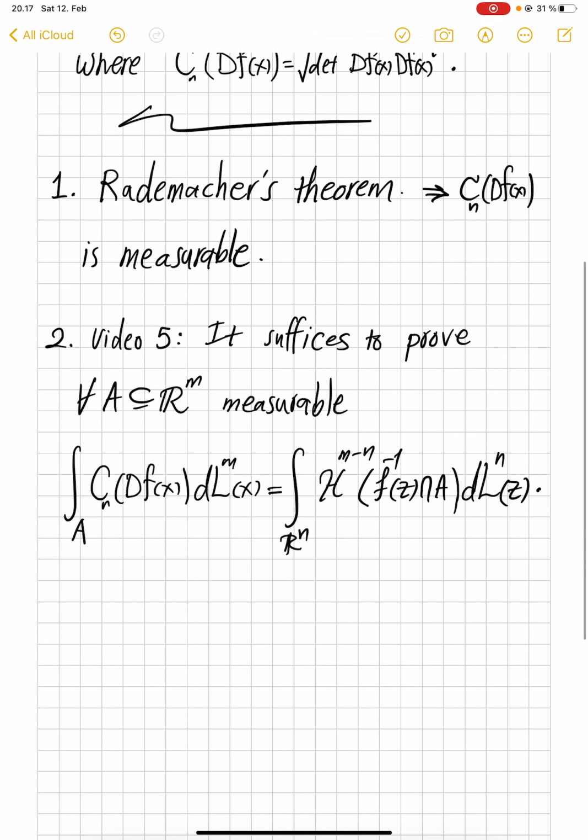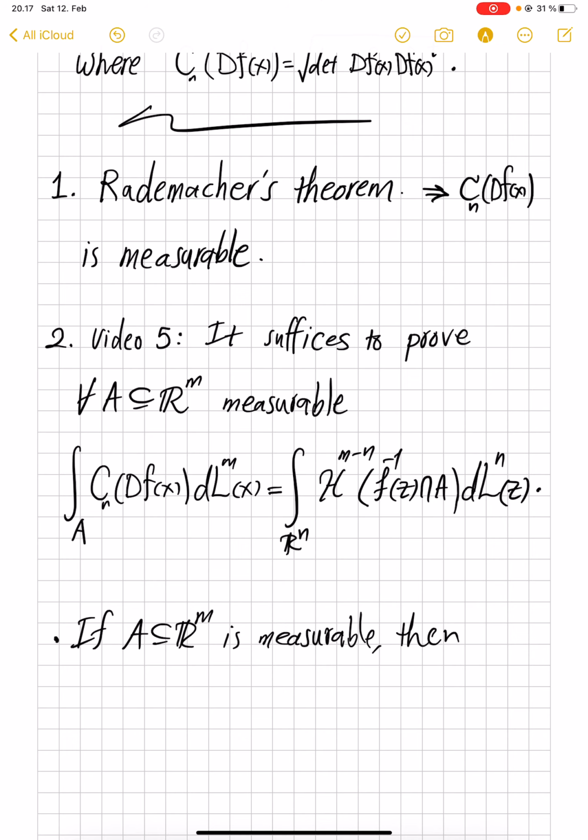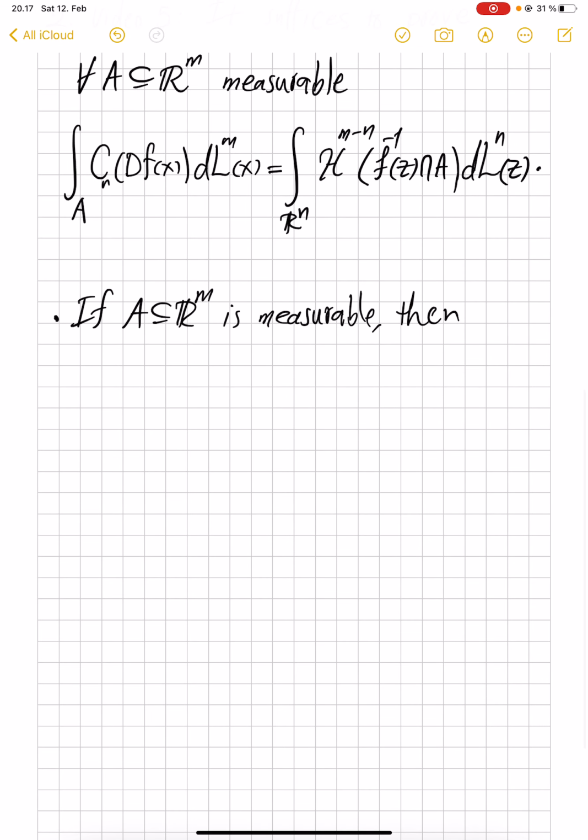The next thing we have checked comes from our video on the Coarea inequality, and that says that if A, a subset of R^m, is measurable, then this map z to the H^(m-n) measure of f inverse of z intersected with A is L^n measurable.